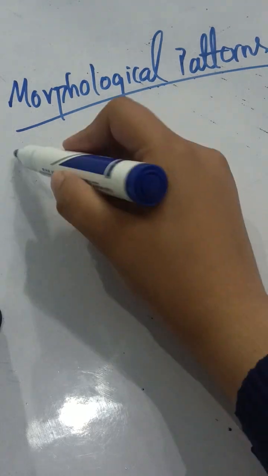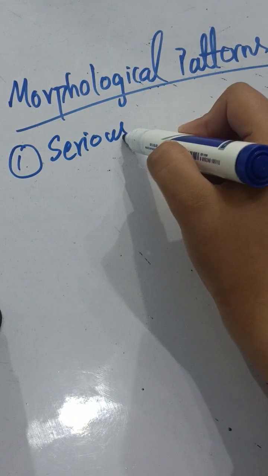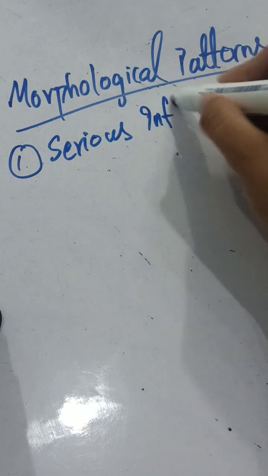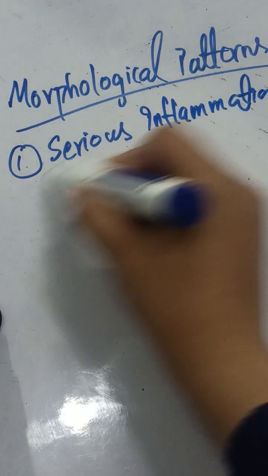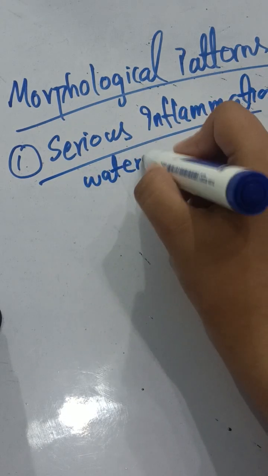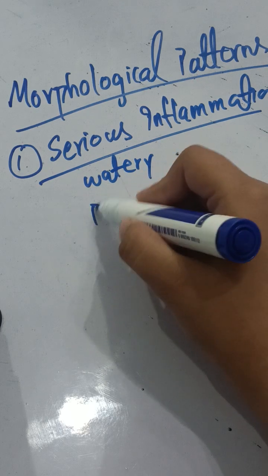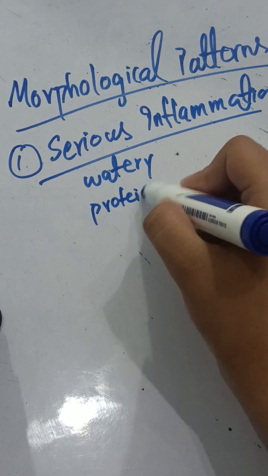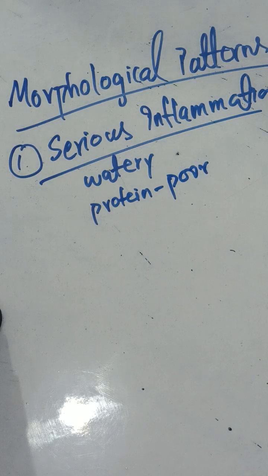The first pattern that you can see is serous inflammation. In this type of inflammation, you will see something watery, a protein-poor fluid.